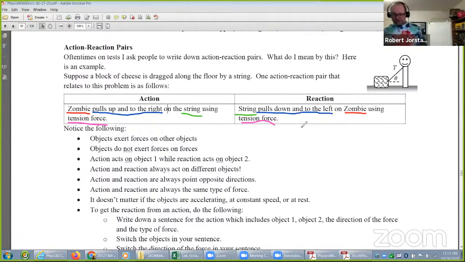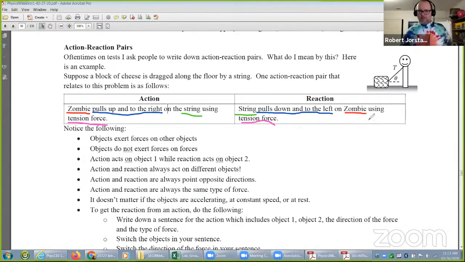So what I have discovered is it makes it easier for me to get the action and reaction pairs correlated correctly if I write out a sentence: object 1 exerts a force on object 2, here's the type of force, and here's the direction. So those 4 pieces.